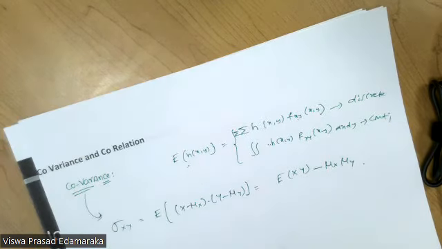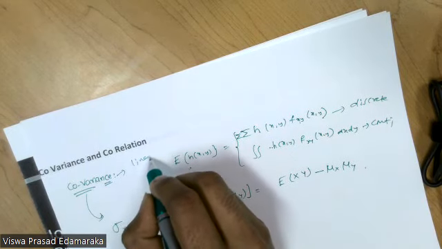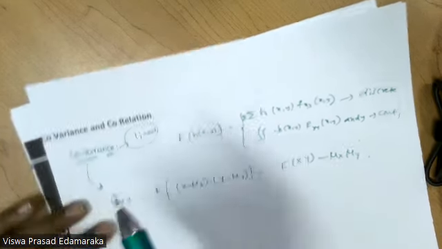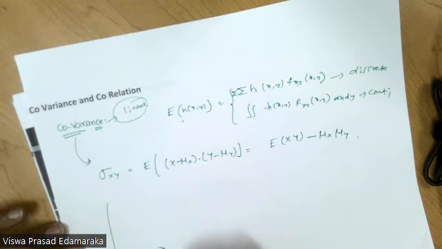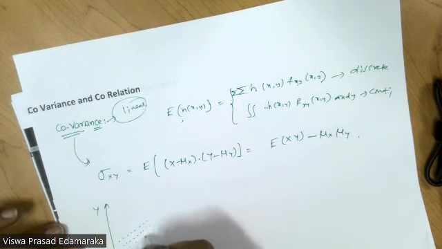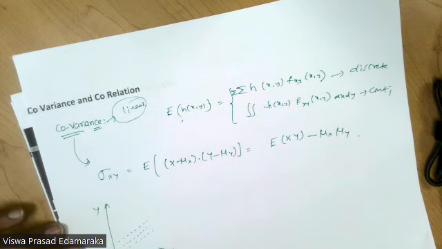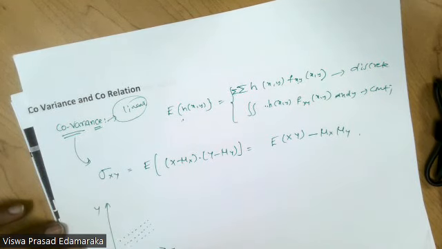Covariance is a measure of the linear relationship between two random variables. It will tell whether the relation is linear or not. For example, the dotted lines are with respect to x and y. It looks linear and going upward, I mean the slope is positive.